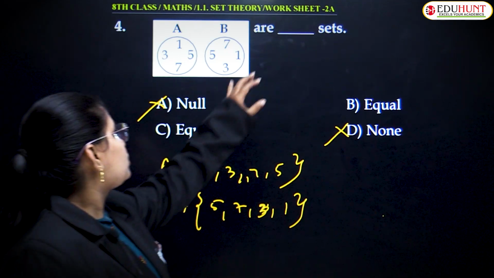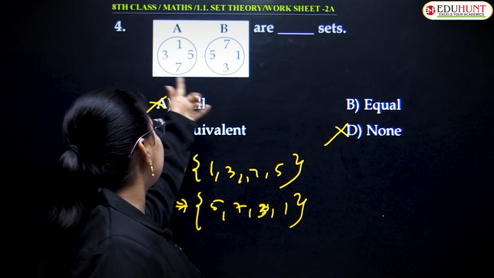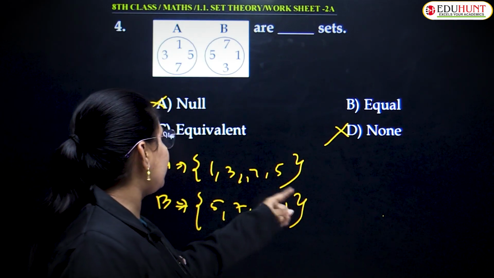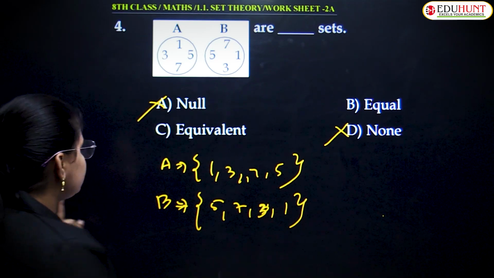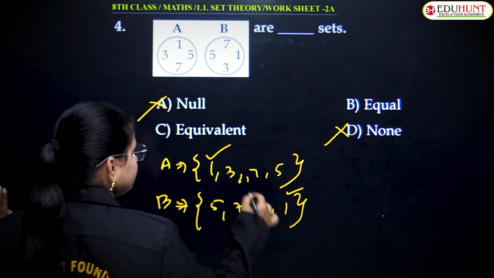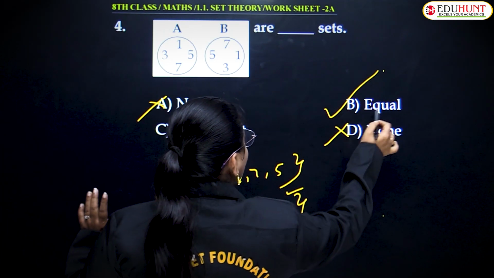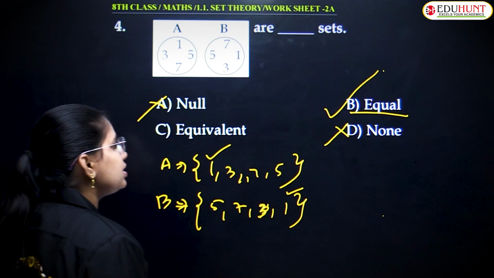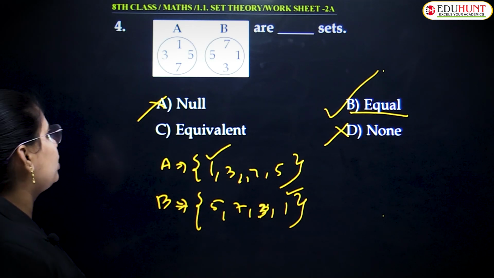Tell me. Both are equal sets because you have the same elements, 1, 3, 7, 5 and 5, 7, 3, 1. So 1 is there, 3 is there, 7 is there, 5 is there. This is an example of an equal set, and for an equivalent set you should have the same cardinality, equal to 4.